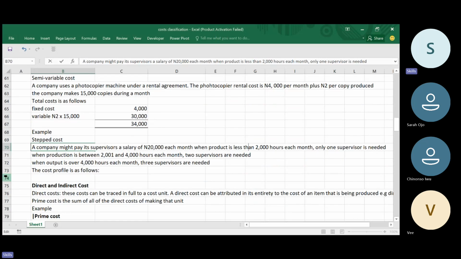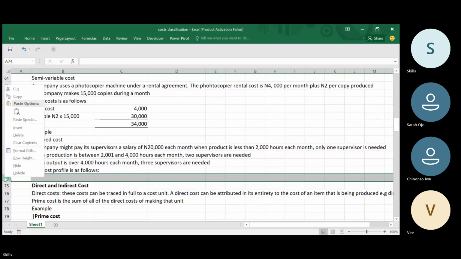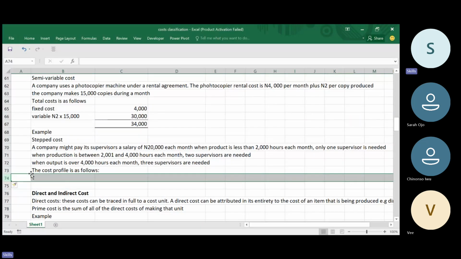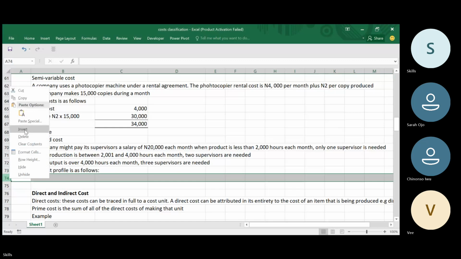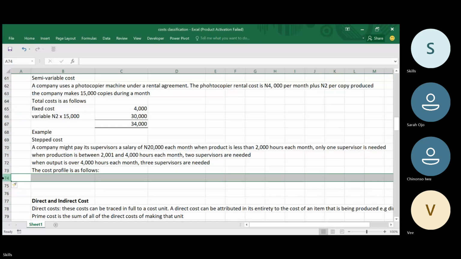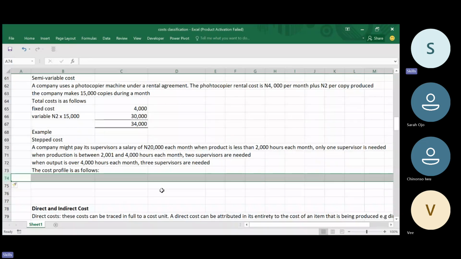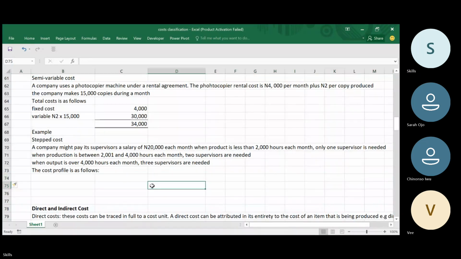Then it asks, how will the cost profile be? First, let me create a space here. Okay, so this is how it will be.